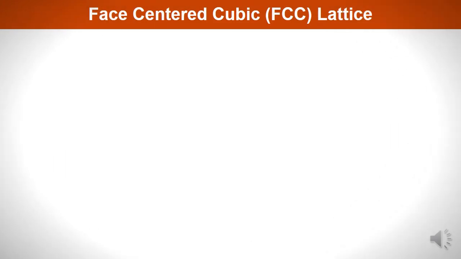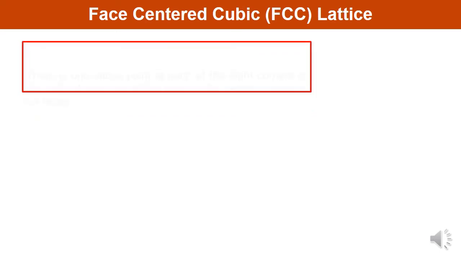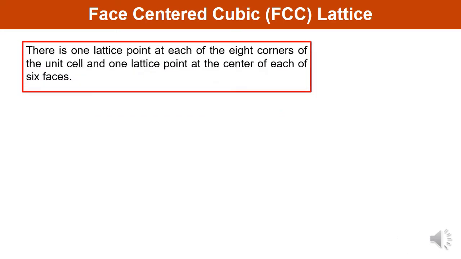Now let us talk about the face-centered cubic lattice. What is the face-centered cubic lattice and what is its structure? In this case, each unit cell consists of 8 corner lattice points, each being a member of 8 surrounding cells. Moreover, there are 6 face lattice points, each being a member of 2 cells.